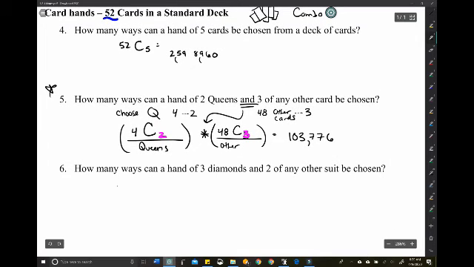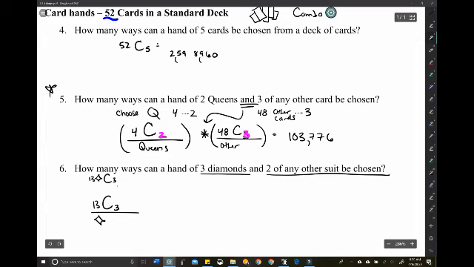Okay, how many ways can a hand of 3 diamonds and 2 of any other suit be chosen? So let's just think. So for our diamonds, well, in a deck of cards there are 13 diamonds. I want to choose 3. So 13 choose 3.